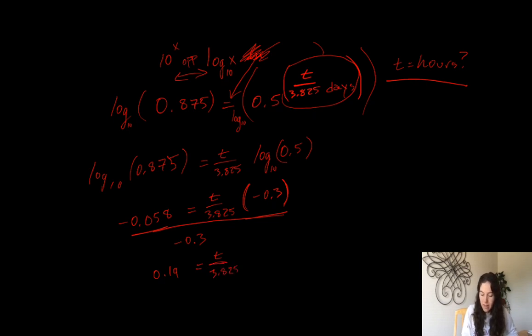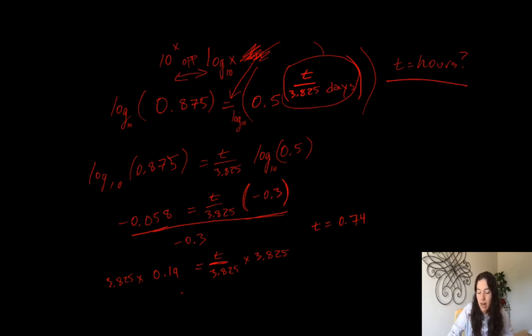Because this is divided here, we need to do the inverse operation to undo it, which is multiply. So we're going to multiply both sides by 3.825. And we end up with t equal to 0.74. Right. So what unit is this time in then?